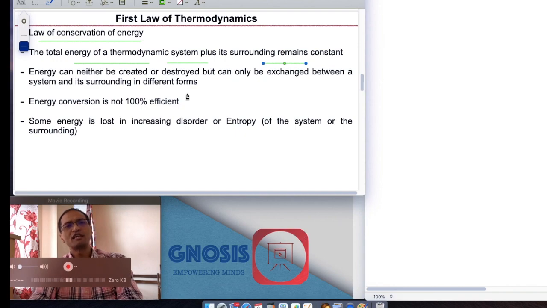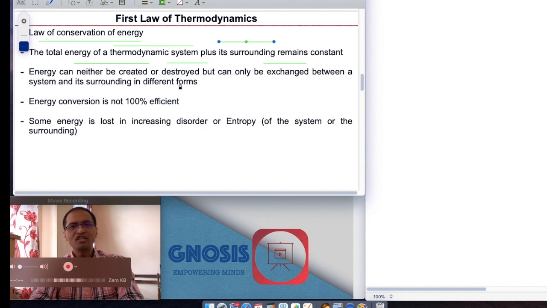As a consequence, the total energy that you have in a thermodynamic system plus the energy present in the surroundings will remain constant. The total energy of a thermodynamic system plus its surroundings will remain constant because energy within that system and the environment can neither be created nor destroyed, and therefore the sum total energy will always be constant.